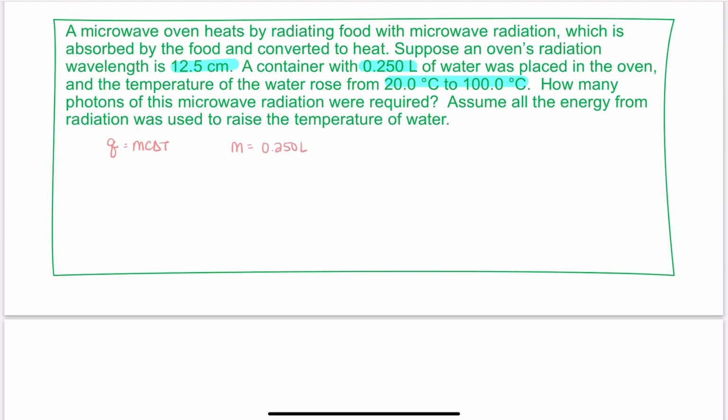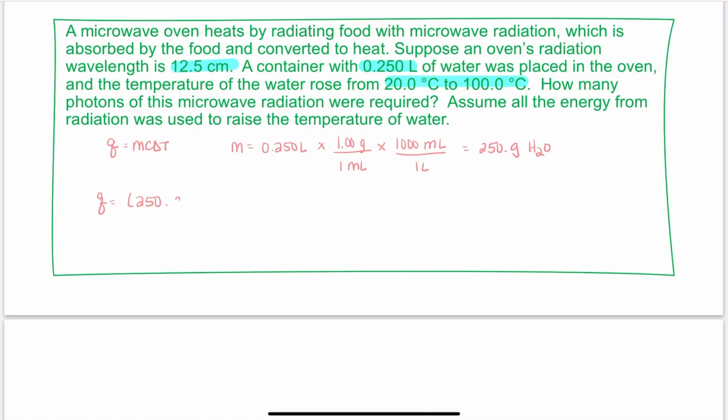I have 0.250 liters of water, and unless otherwise told, we are going to assume the density of water is 1.00 grams per 1 mL. We know that there is 1,000 milliliters in every 1 liter. Therefore, we have 250 grams of water here.